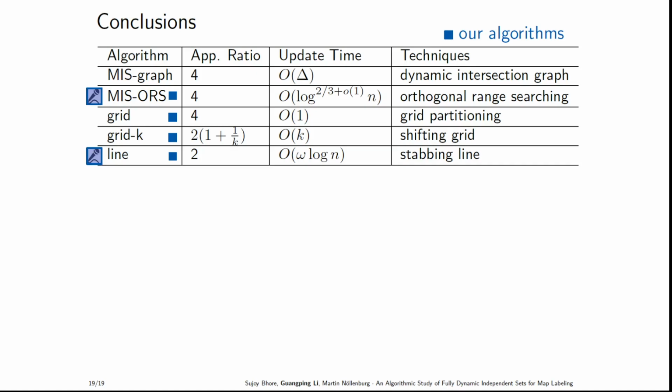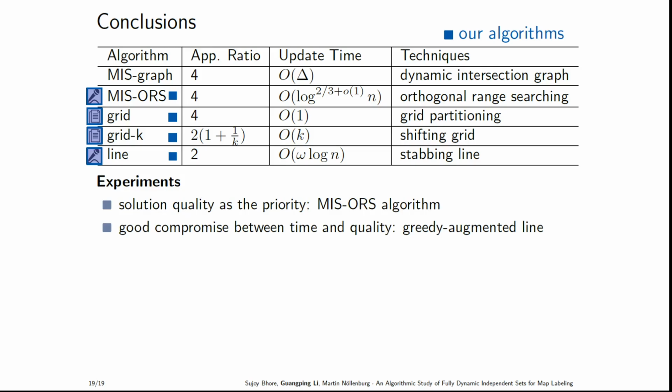In this talk, I presented one maximal independent set solver, MIS-OIS, based on orthogonal range searching. We also introduced our best heuristic approach line, which is based on stepping line partitioning. Here we designed one algorithm for dynamic interval graphs, which is of independent interest. Please refer to our paper for our other results.